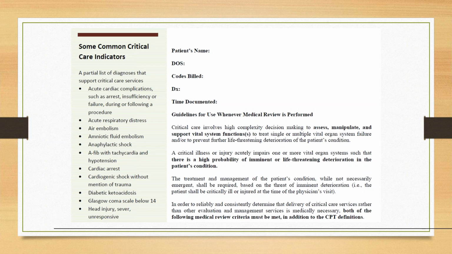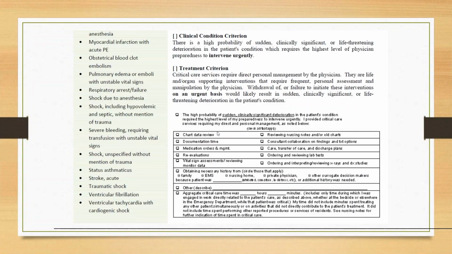So what this little handout does is it gives you a partial list of some complicated medical conditions that support 99291 and 99292, but it also highlights CMS's guidelines. So on the left, you have some conditions. On the right, you have the definitions that a doctor can read.